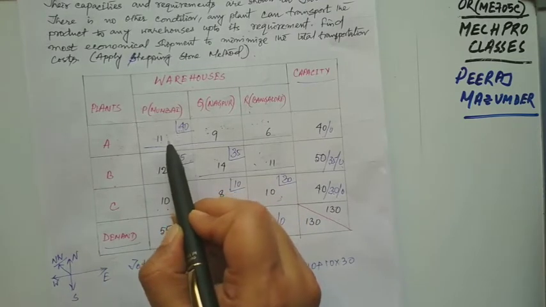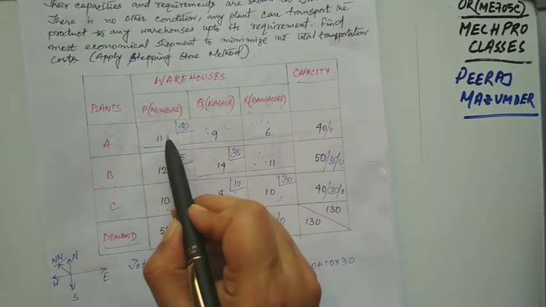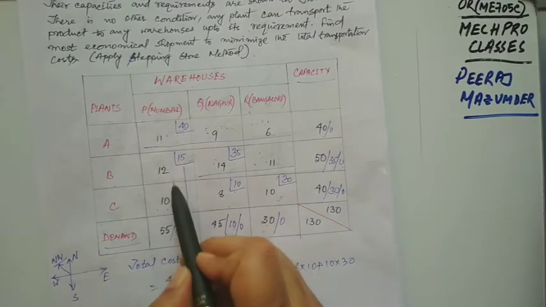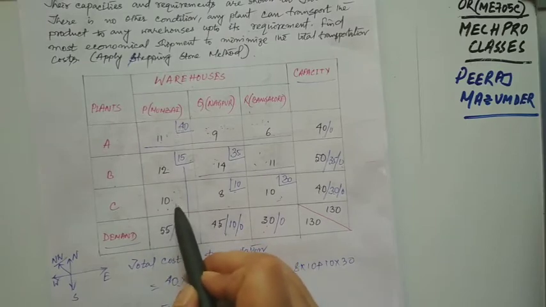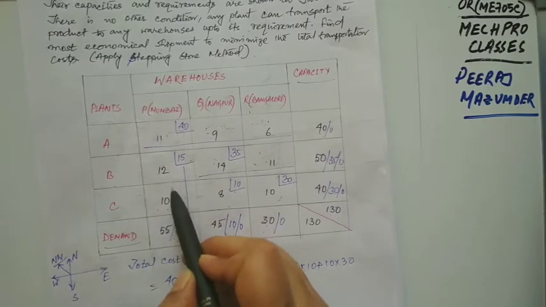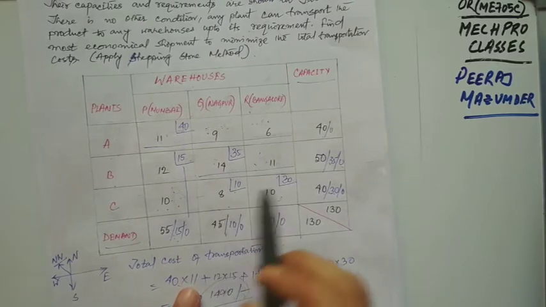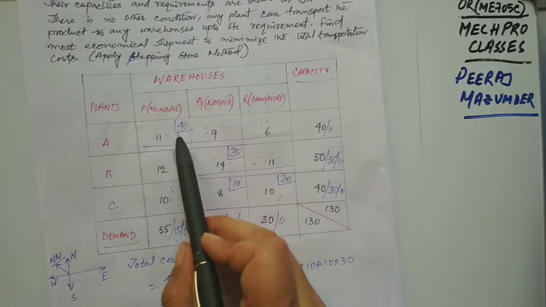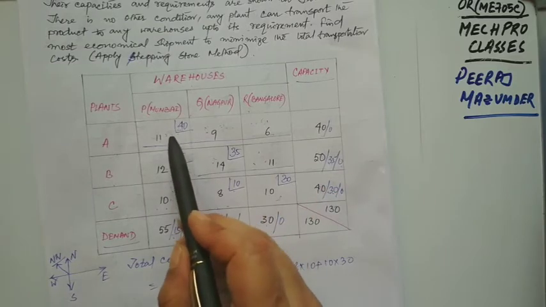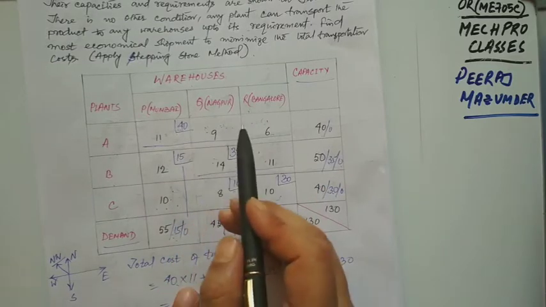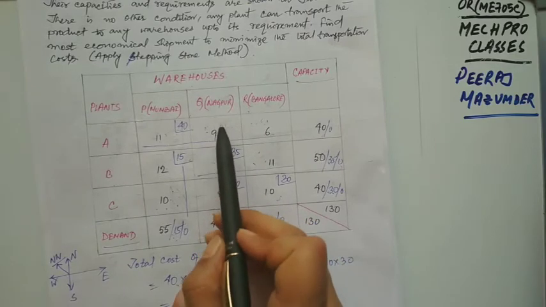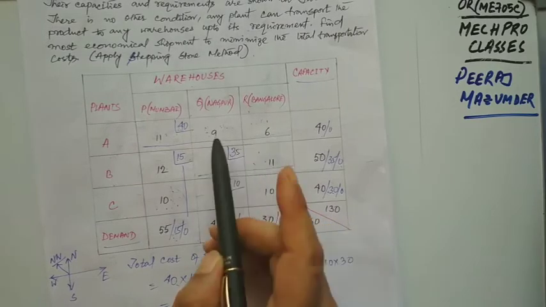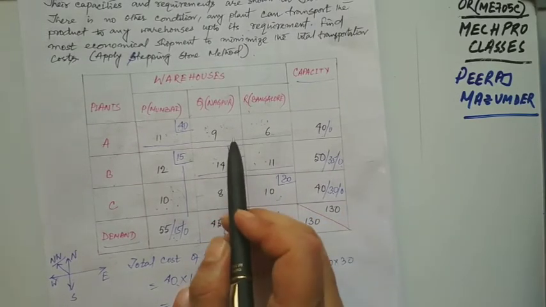You can take turn here only. That means you can turn from here to here. This is also allocated, so you can turn here also. But say you are coming here, but this is not an allocated cell, so you cannot turn here. You have to go in a straight line or vertical line, whatever. So keep in mind, while you are in the allocated cell, you are only allowed to take a right turn or left turn, whatever is applicable. Okay. So in the unallocated cell, you are not allowed to take turn. This is the main thing in a stepping stone method.